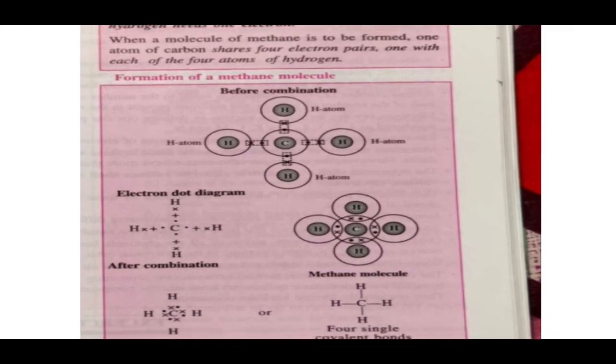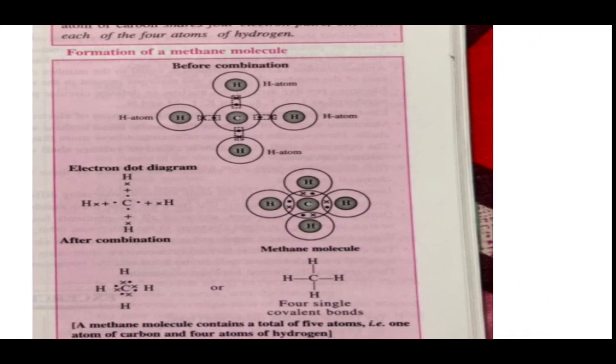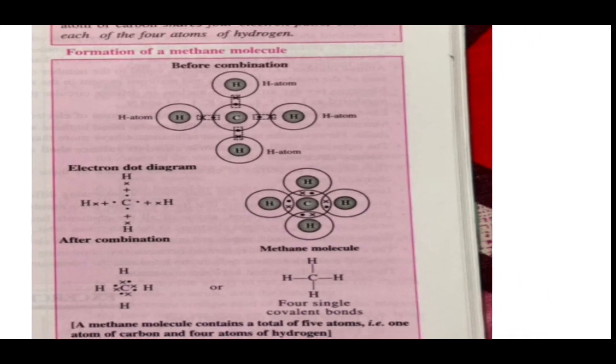This is given in the figure, where I have given the orbital structure and the dot structure also. So each hydrogen shares one electron and forms 4 single covalent bonds with the carbon. This is about the methane molecule.